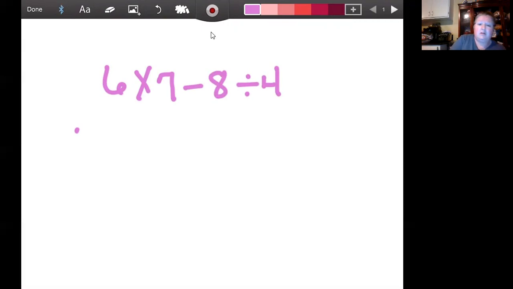All right. Now, when you get a little older, you won't mark them, you'll just do them. But for now, we're basically working on learning to mark them with the parentheses so you know these have to be done first. Okay? There are two ways to remember your order of operations.